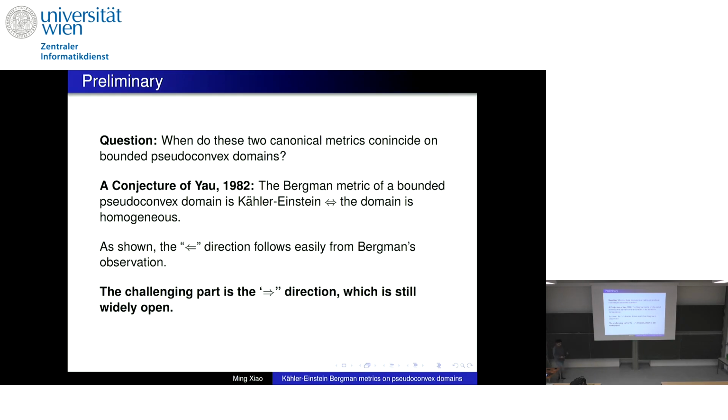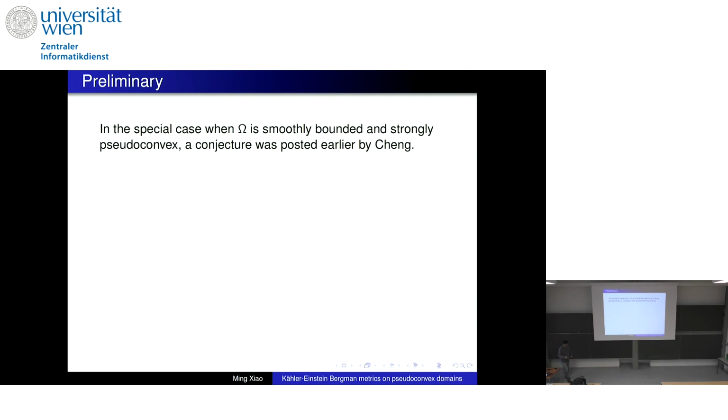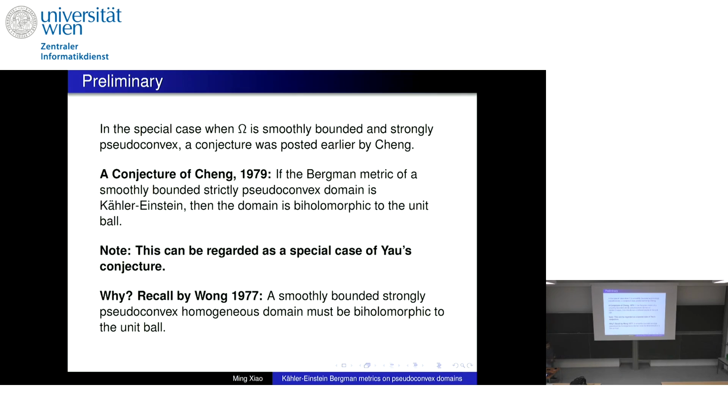In several complex variables, we know that in general, it could be very, very difficult to understand the geometry of a domain if we don't know much about the boundary. So let's start with the special case where we assume the domain has smooth boundary and the boundary is strongly convex. For this case, actually a conjecture was posed even earlier by Cheng in the late 70s. The conjecture says that if the Bergman metric of a smoothly bounded strongly pseudoconvex domain is Kähler-Einstein, then it must be biholomorphic to the ball.